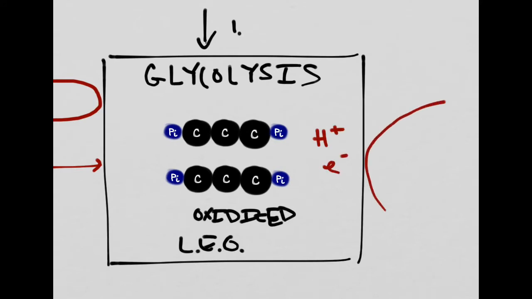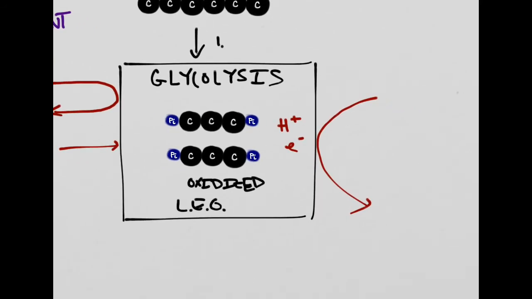And what picks up those hydrogens and those electrons? Well, it's 2 NAD+, a molecule very similar to NADP+ that you saw in photosynthesis. This, again, is a molecule that is a high-energy electron carrier. It's going to be important later on down the line in anaerobic respiration. But for now, you should know that this molecule is reduced.